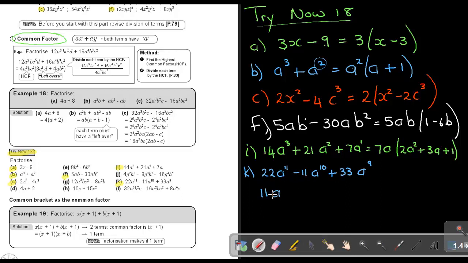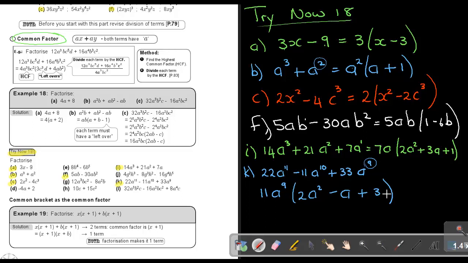Yes. What is the smallest exponent? It looks like that one, a 9. So if I divide, I will get 2. 11 minus 9, what will that be? A squared. Cancel, and just 1A will be left. Can you see that? And then this will be 3. And this, all the A's will cancel. So that will be my final answer.